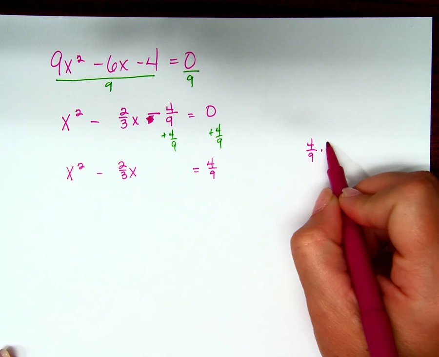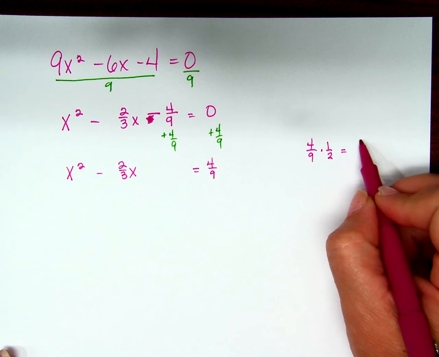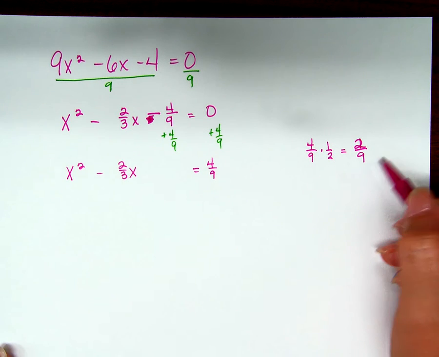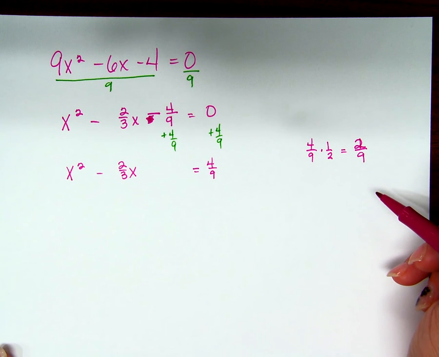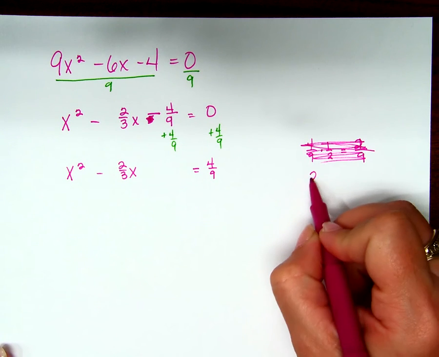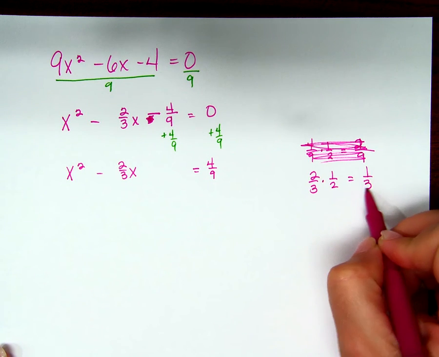4/9 divided by 2, which would be a half, which would be 2/9, right? 4 over 18, which would simplify to 2/9. Oh my gosh. Ignore that part. 2/3 times 1/2 is 1/3.